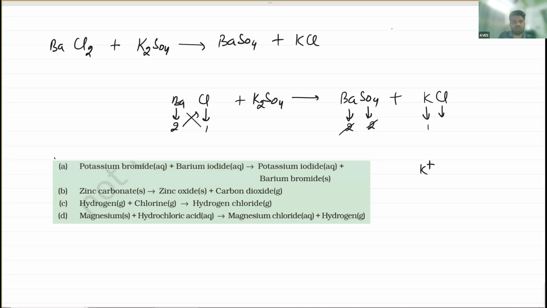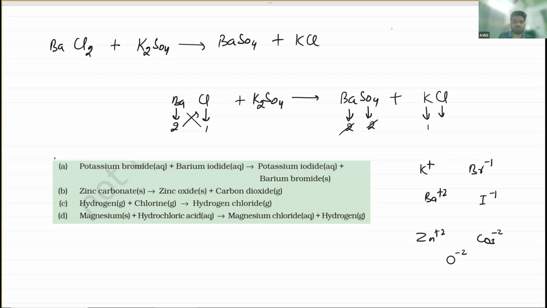Potassium has +1, bromide has -1, barium has +2, iodide has -1. Okay, then you can use this one. Zinc carbonate: zinc has +2, carbonate has -2, and oxide has -2.